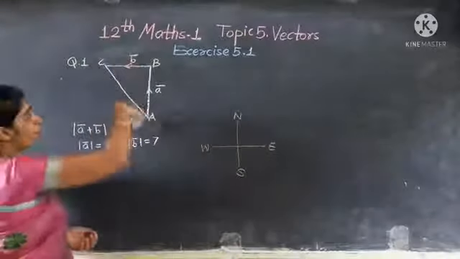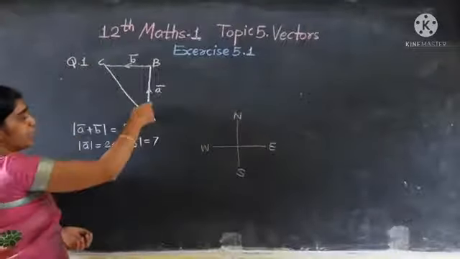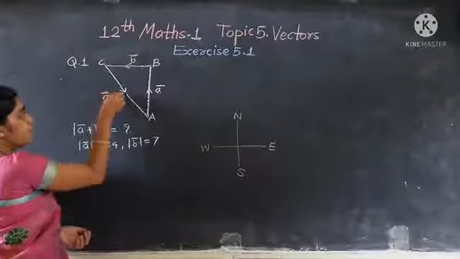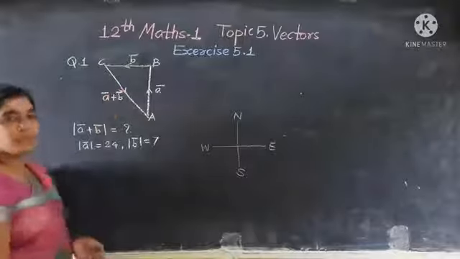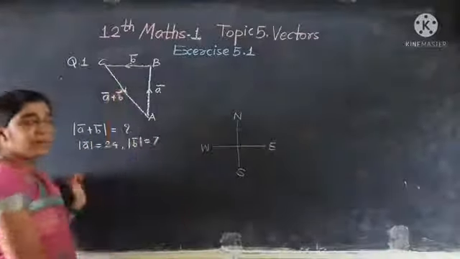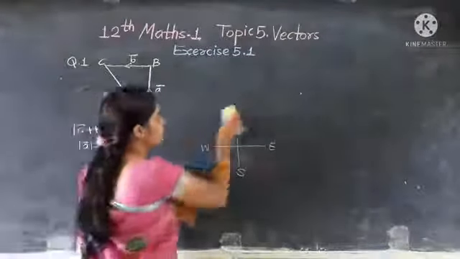See, by the triangle law of addition of vectors, with A bar and this B bar, we get CA bar as A bar plus B bar. So we find the magnitude of A bar plus B bar.